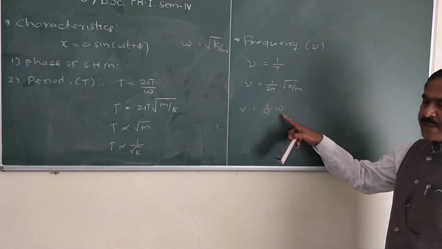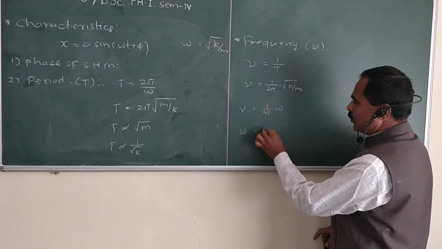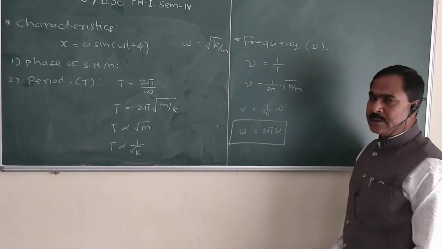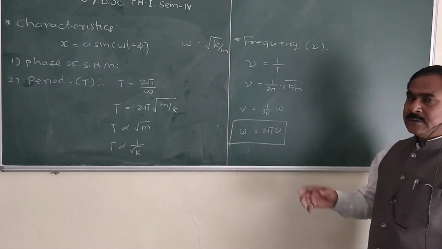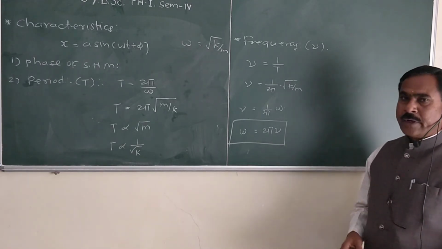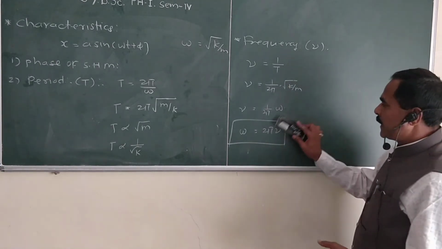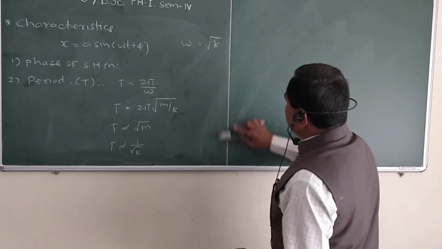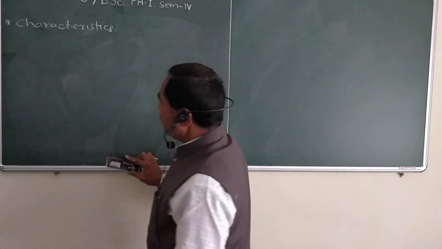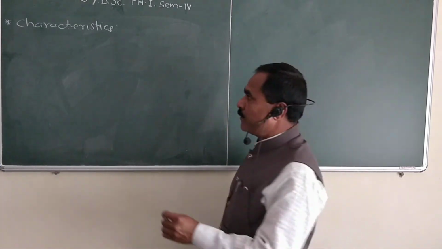So we get angular frequency omega equal to 2 pi into nu. This is the angular frequency of the particle or oscillator performing angular motion. Then we take the next characteristic, that is the velocity.